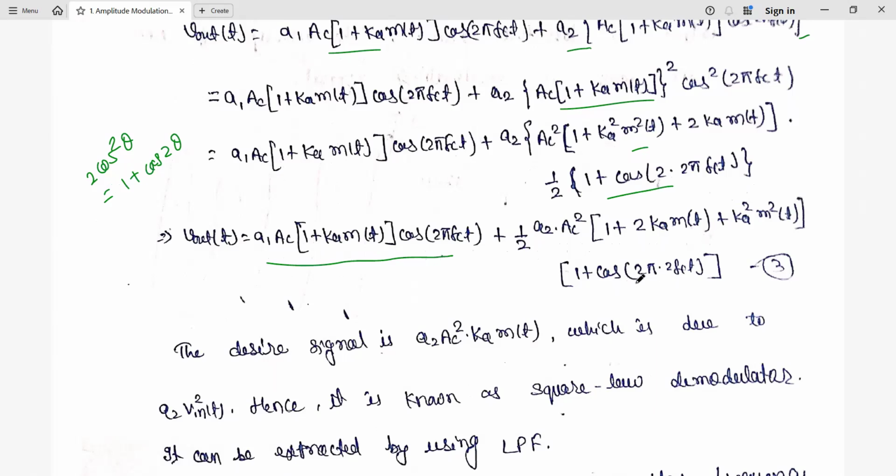Again, this part is going to be the expansion. If you further multiply, this term with 2ka m(t) is going to give us the desired signal, the message signal m(t). This is the term from the a2 Vin whole square.